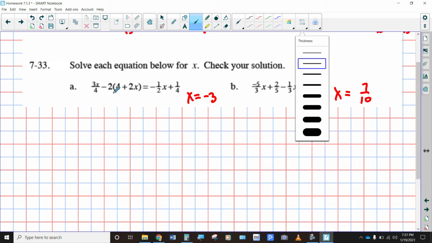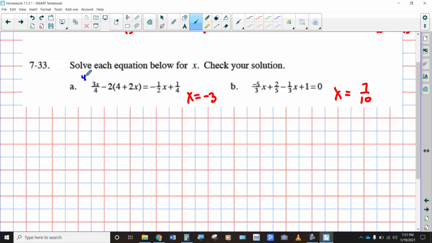So I'm going to choose a denominator of 4 as my common denominator. So I'm going to multiply every single one of these terms. Oh, hold on for a second.